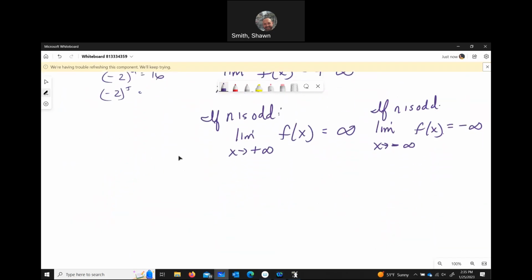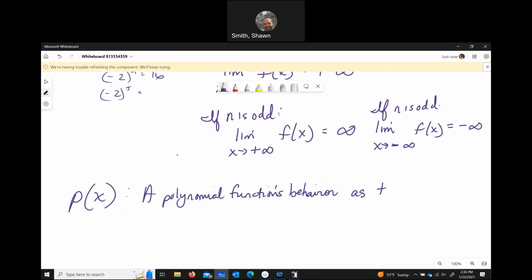All right, so polynomial function, p of x. Behavior as x approaches positive or negative infinity. So that's the end behavior.